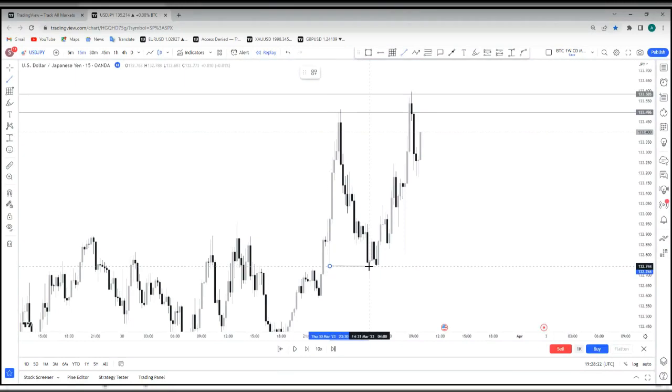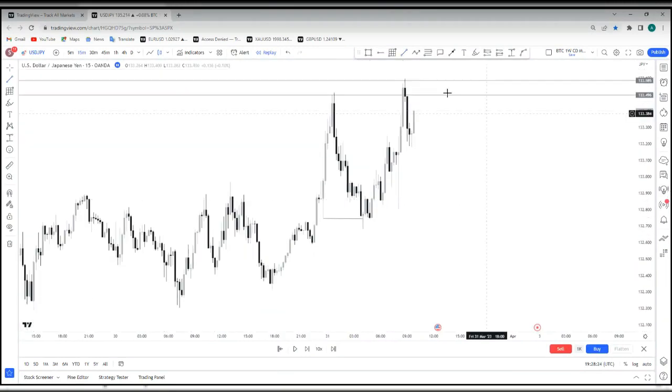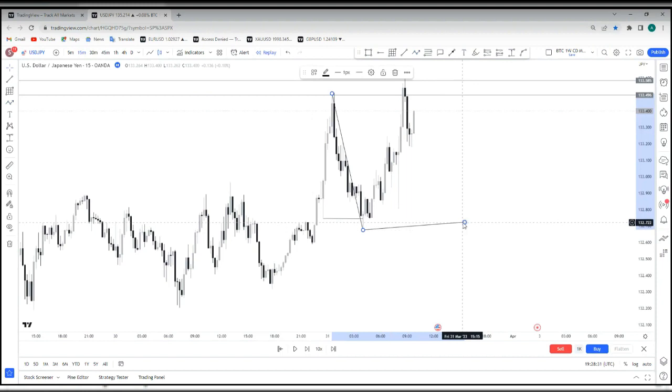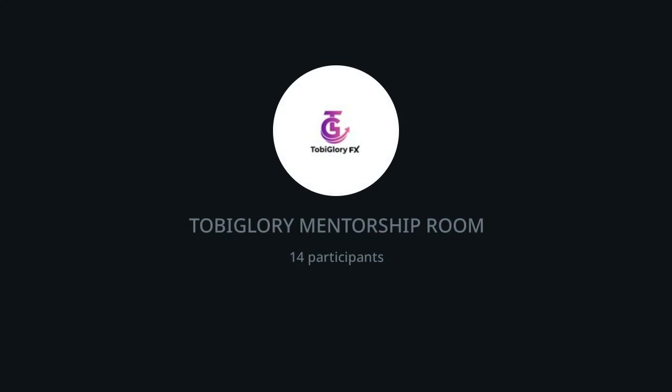So the downside, let me just call it a break of structure. This structure is not clear enough. You have something like this, and you want to sell. It is not clear enough.